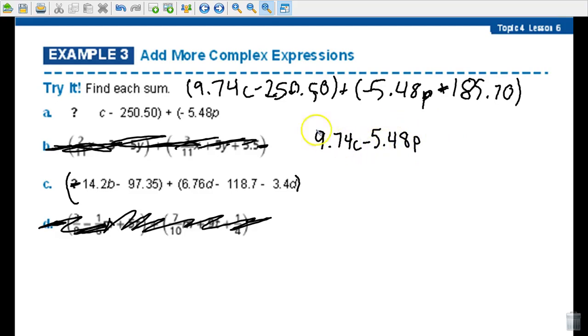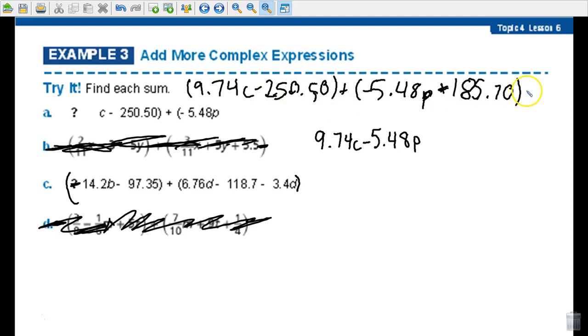Okay? Now, I've got a constant and I've got a constant. What is a constant? A constant is a number without a variable. So what I'm going to do, this is a negative and I'm adding with a positive. When you add with different signs, you really subtract. So break out those calculators and do 250.50 minus 185.70.